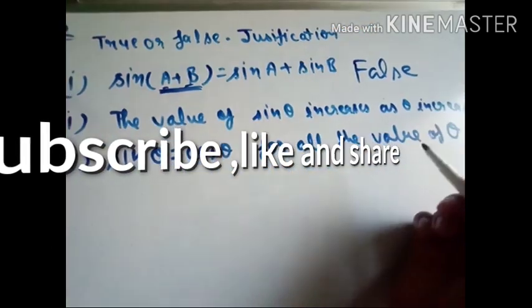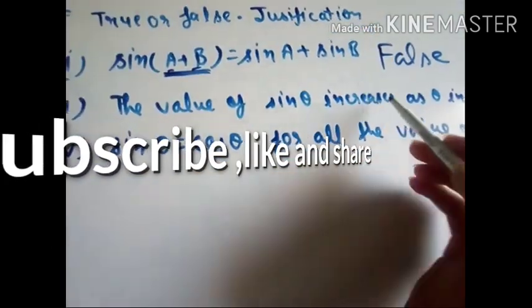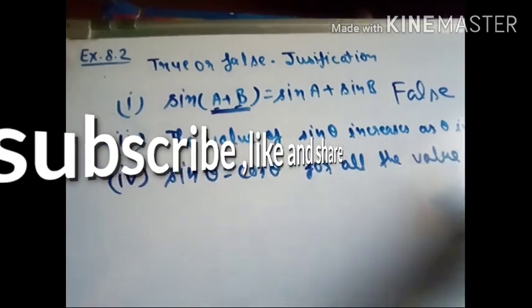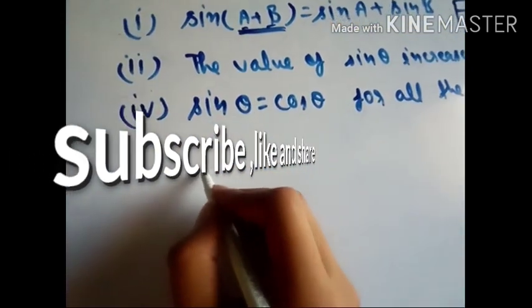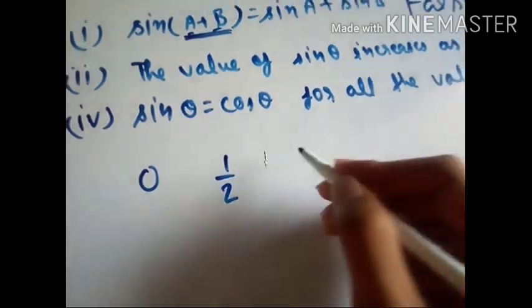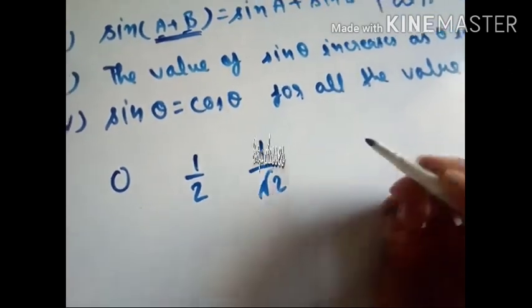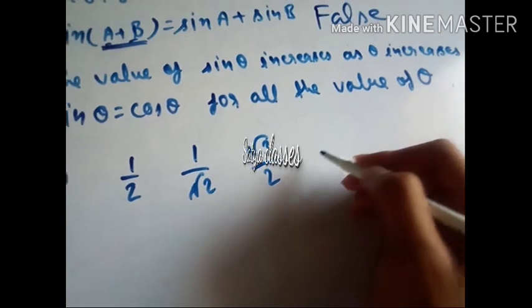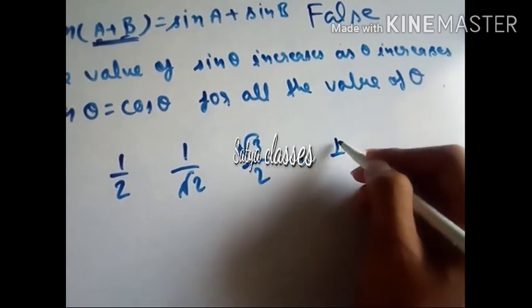Very good. False. The value of sine theta increases as theta increases. So let me write down some values. For 0 degree, 0. For 30 degree, half. For 45, 1 by root 2, and then for 60, root 3 by 2, and thereafter 1.